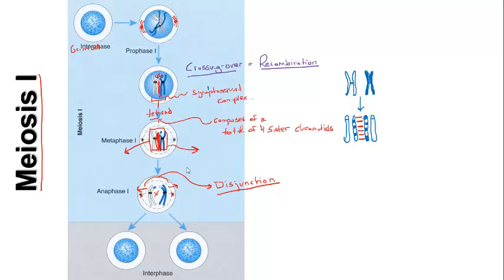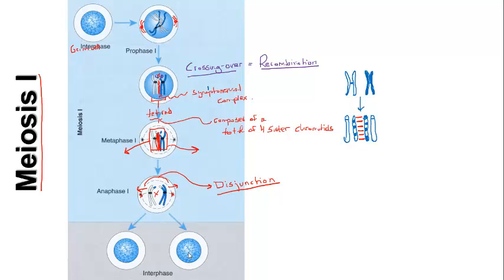So again, as a result of errors in disjunction, you're going to get extra genetic material in one of the resulting cells and less genetic material in the other resulting cell. All right. Does that make sense to everybody?